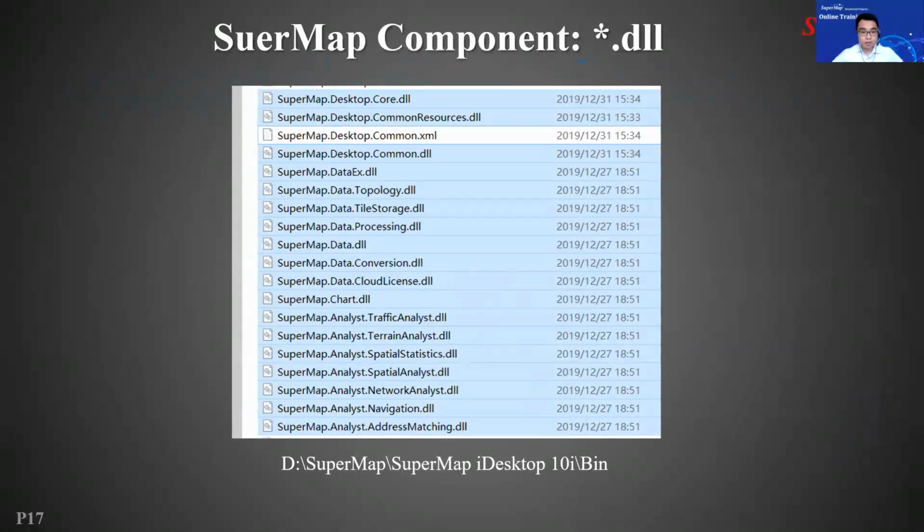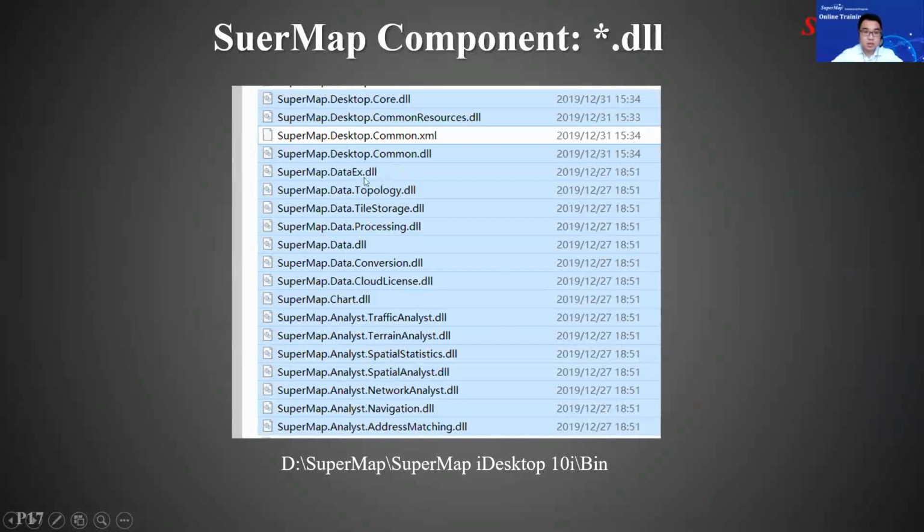So for SuperMap product, actually for the basic level, we call our product the component product because we separate the different functions in different DLLs, the different components.